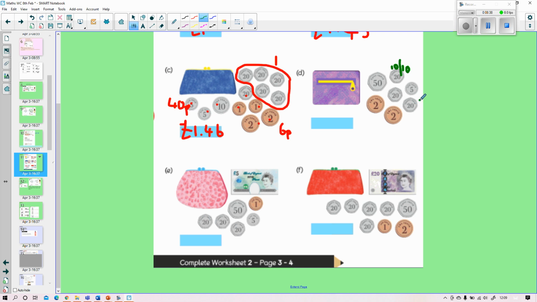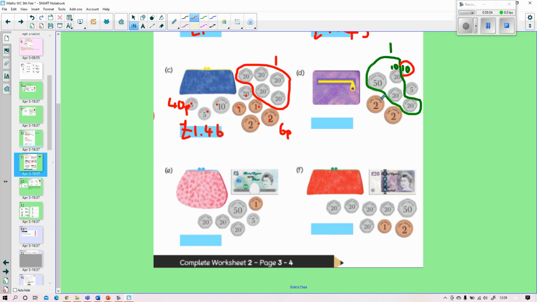Here's what I'm going to do. So I'm going to take one of these 10s with me here so that I can make a whole pound out of it. I've got 50, 60, 70, 80, 90, 100 with this half here. So here's my £1, I've made it. I've got my 10 left over. Here's my other bit of 10 left over from my 20.